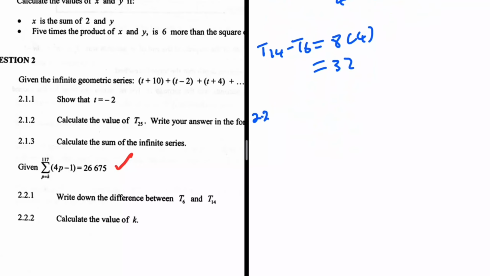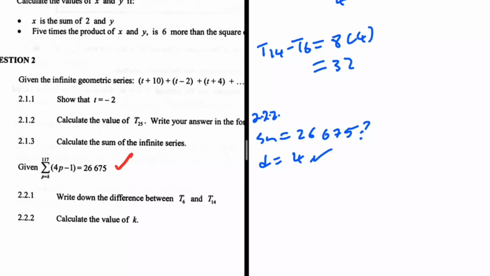Calculate the value of k. Right. So we are given the sum. We know the difference. Let's just start by writing that down. So we have the sum, which is 26675. We know the difference, which is 4. So if we wanted to calculate the sum and we had the difference, what else would we need? We would need A, the first term.